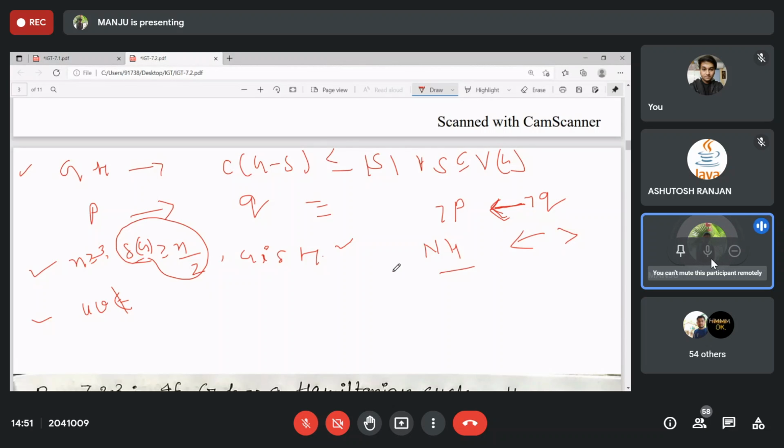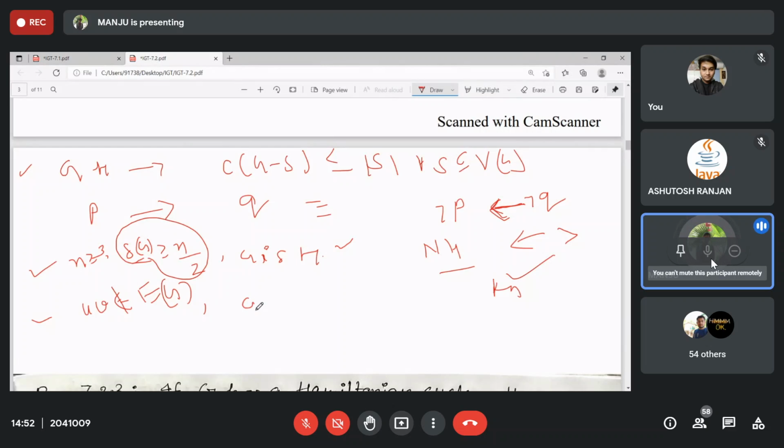Otherwise, if all vertices are adjacent, you have the Kn graph, and Kn you already know is Hamiltonian. Clear? So there exist U and V non-adjacent vertices in G. These are non-adjacent, this edge is not present in G.